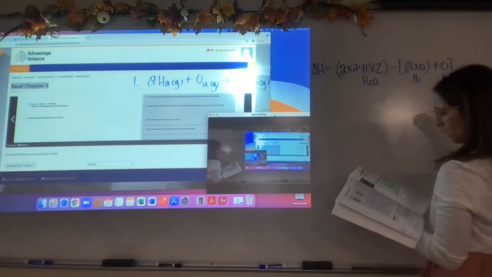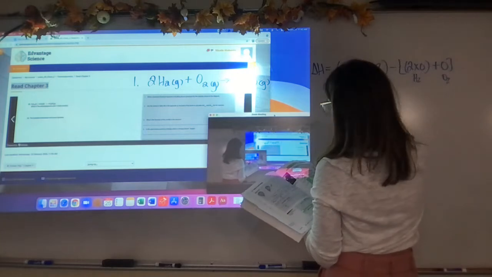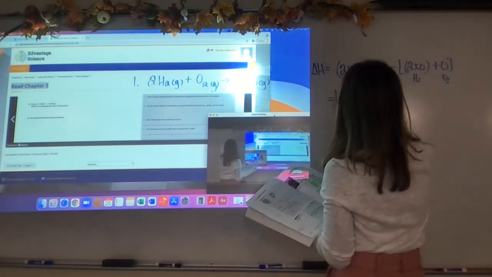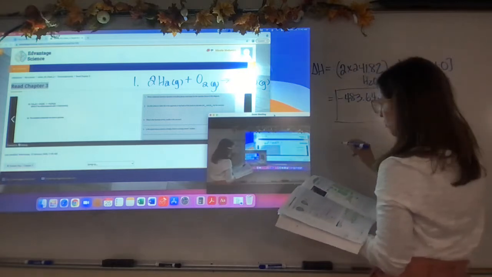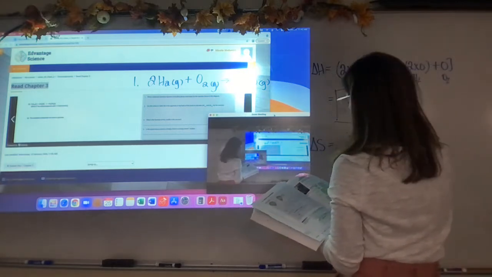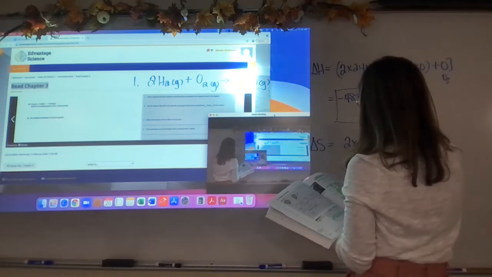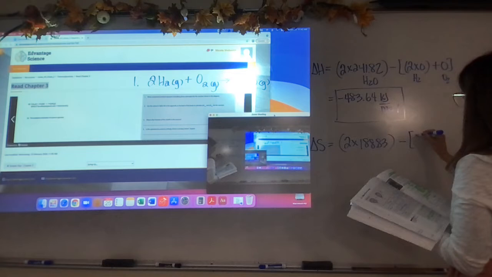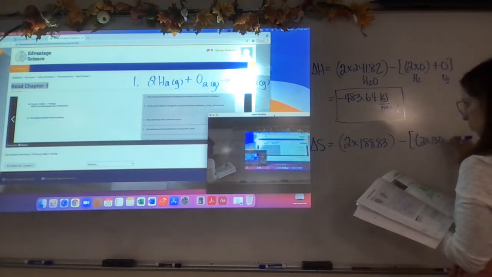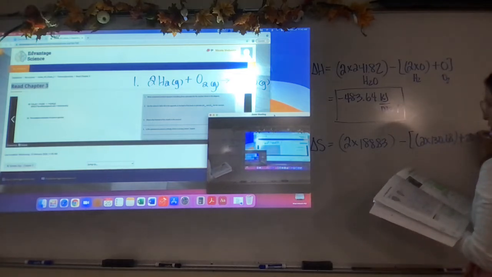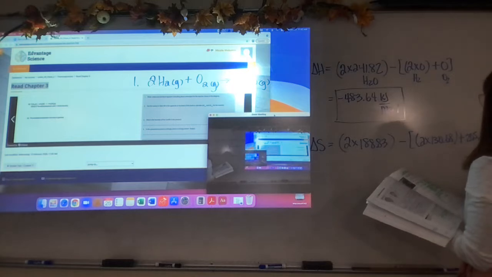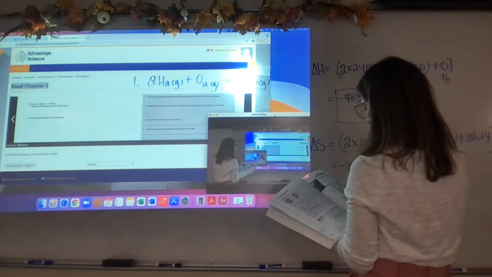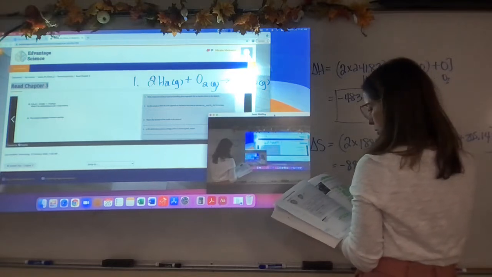So this is going to end up being negative 483.64 kilojoules per mole for our delta H. And then for your delta S, using the values in the back of the book, this is 2 times 188.83 for our H2O minus 2 times 130.68 plus 205.14 for the oxygen, and then this is going to end up being negative 88.84 joules per mole Kelvin.